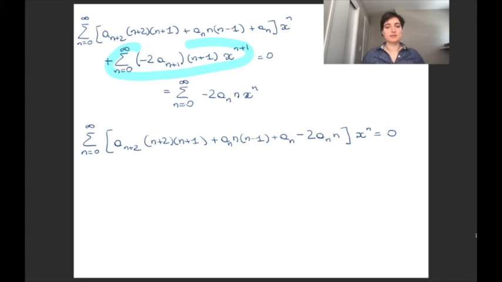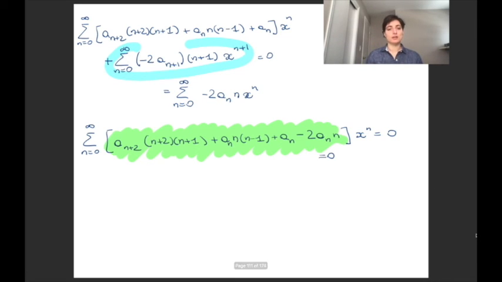So we can do this, and we retrieve a recursive relation by just setting every single coefficient of our infinitely long power series equal to 0. Otherwise, the power series itself is not equal to 0.